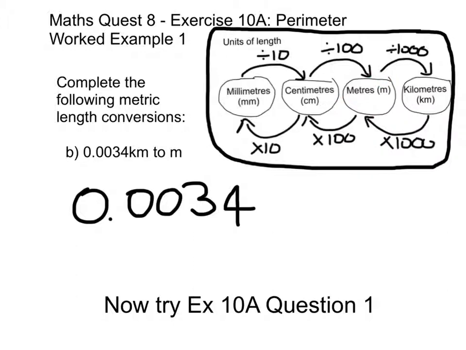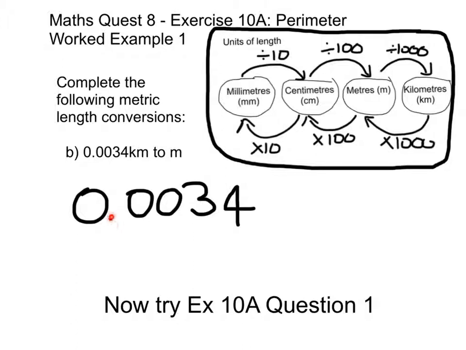So to do that, I need to multiply by 1,000. 1,000 has 3 zeros. And because we're increasing our number, we're multiplying, we jump 3 zeros to the right.